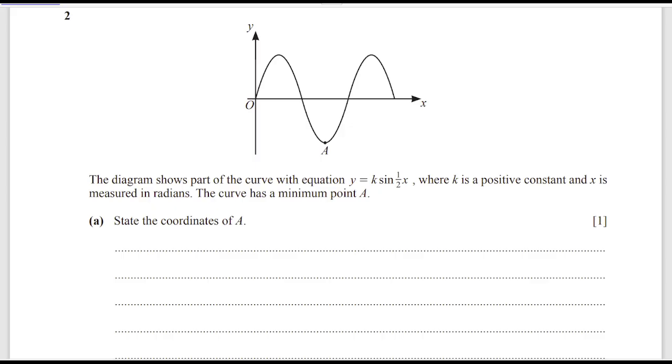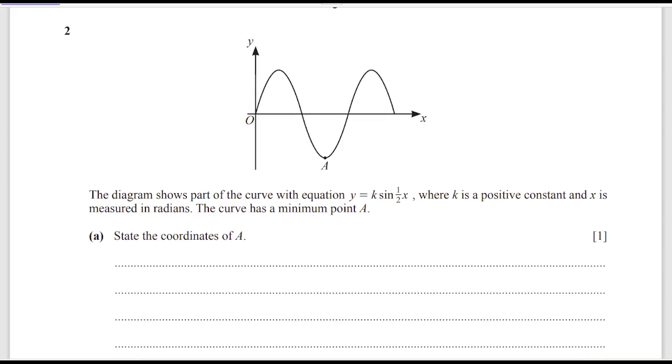So basically we have a transformation of sine x, and we need to state the coordinates of minimum point A in terms of k. If we observe the graph of the standard sine function, it is like this one.